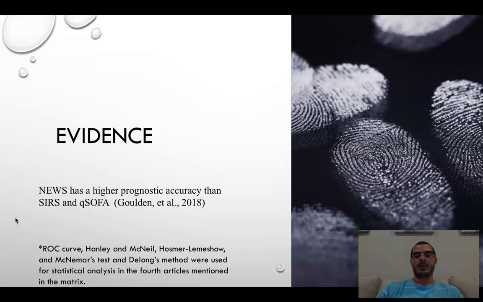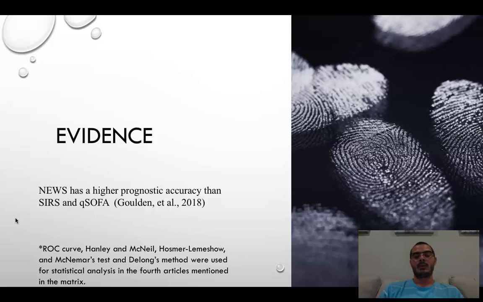Pretty much across the board, in any article that I found, that tended to be the consensus: especially pertaining to mortality rates in septic patients and identifying septic patients rapidly, NEWS outperformed both SIRS and qSOFA.